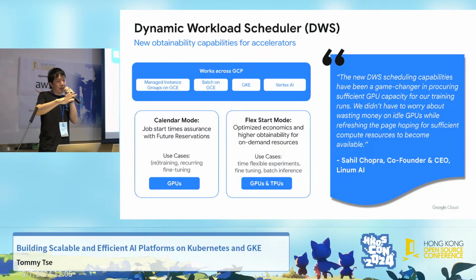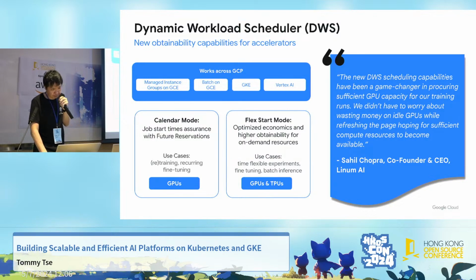I want DWS to get me those 10 GPUs as soon as it can, then run the job for me. I don't want just 1 or 2 GPUs obtained piece by piece, with me not knowing whether I can run the job or not. So DWS takes care of that. And we also have a calendar mode. It's better for retraining or fine tuning. Say I just want to do that retraining once a month, with a bit of assurance of the timing.